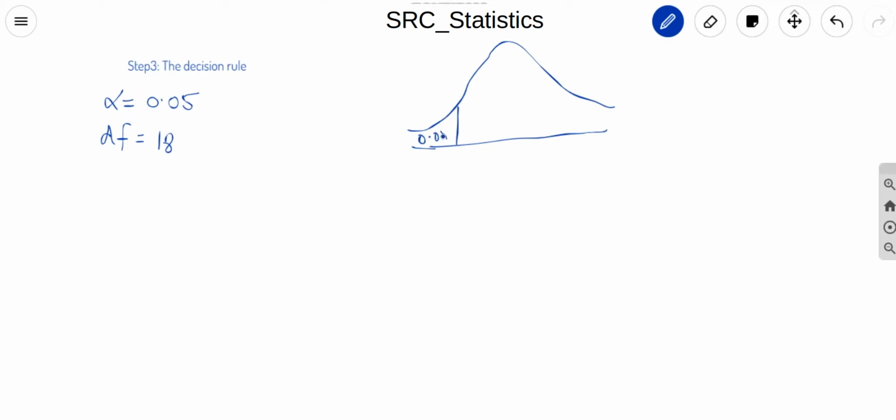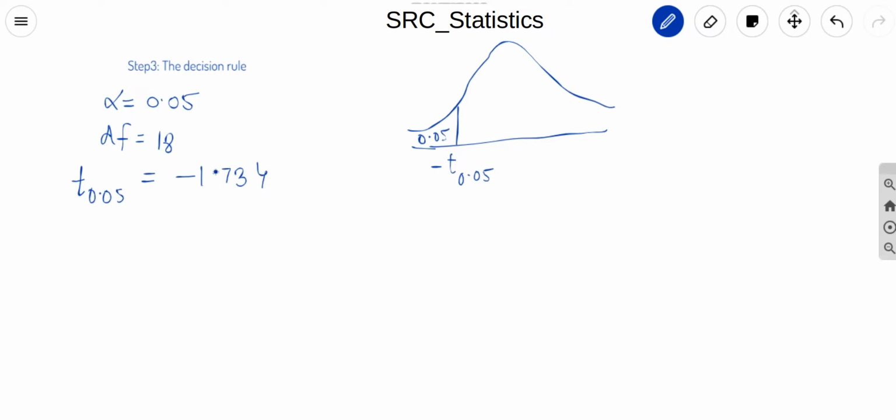So this is our 0.05 area, and we have to find out negative t.05. From t table for alpha equal to 0.05 and degrees of freedom 18, we find the critical value of t to be negative 1.734.